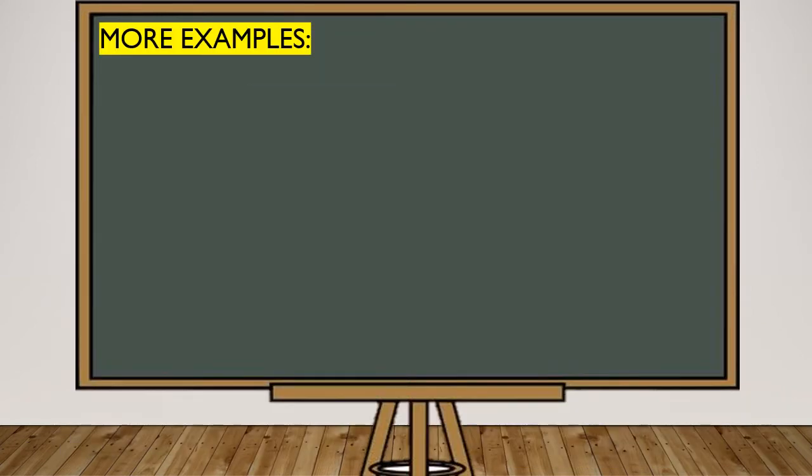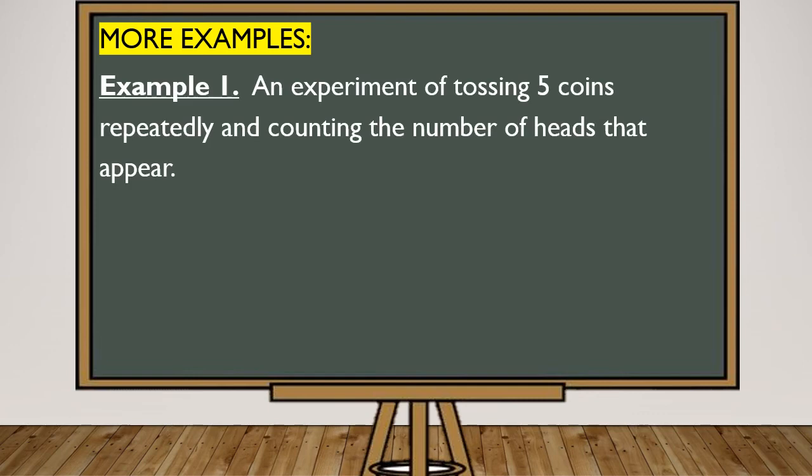So, more examples. Example 1. An experiment of tossing 5 coins repeatedly and counting the number of heads that appear. What do you think is the random variable here? The random variable here is the number of heads. Now determine, is this countable or measured?